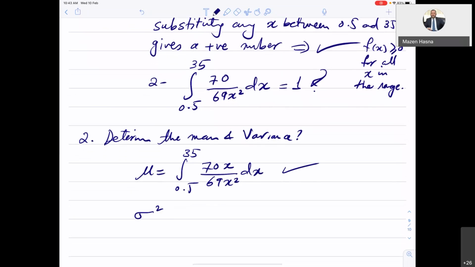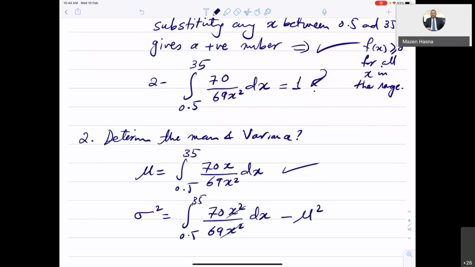And the variance is 0.5 to 35, then 70 x squared over 69 x squared. The variance is easy because those will cancel. Of course, you can cancel x because 0 is not in the range. If 0 was in the range, then there's a problem with the question itself.